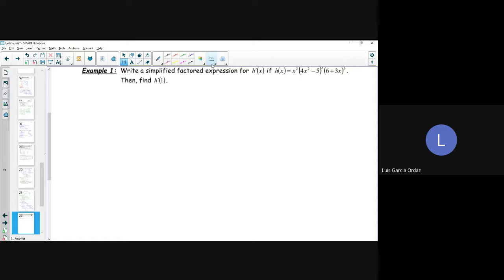So, we can label each one as p of x, q of x, and then we can just label this r of x. All right?